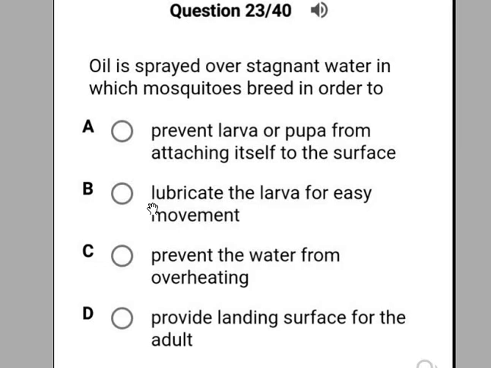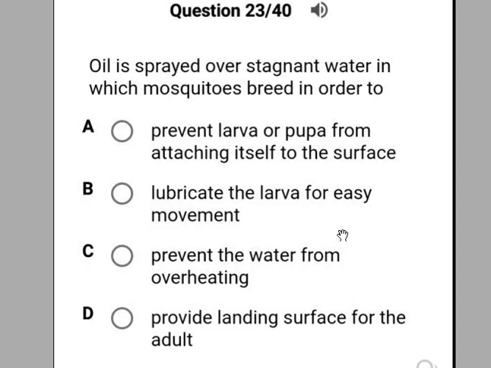The correct option here is A. Why? Because oil sprayed over stagnant water reduces the surface tension of the water. This prevents the larva and pupa from attaching themselves to the water surface. So our best option here is A.